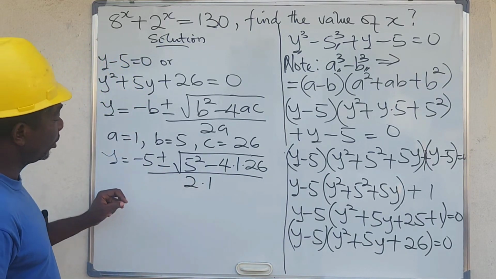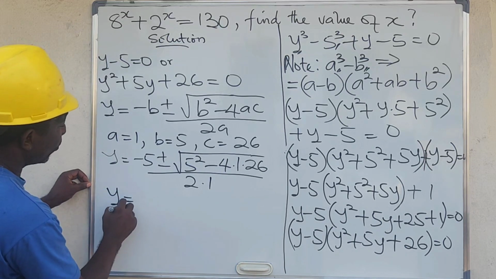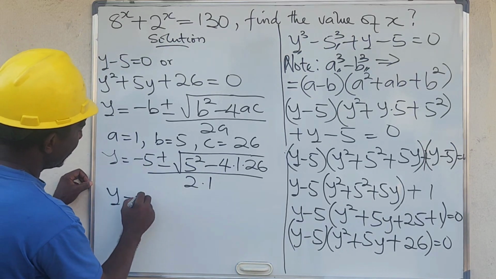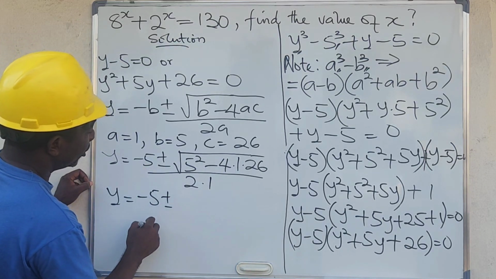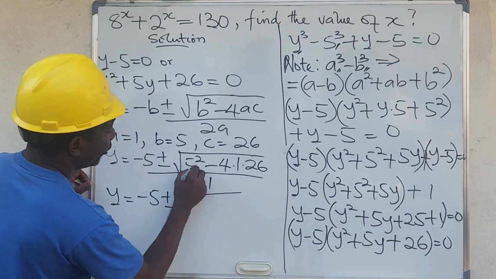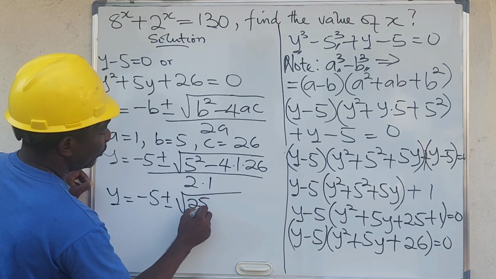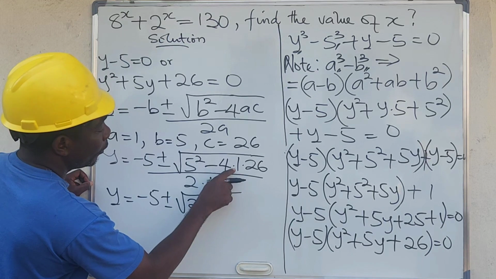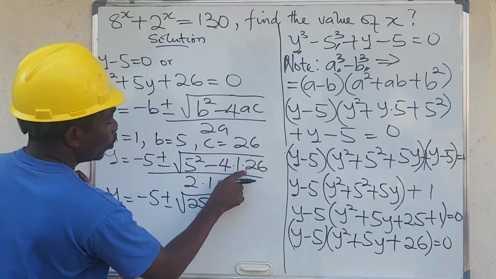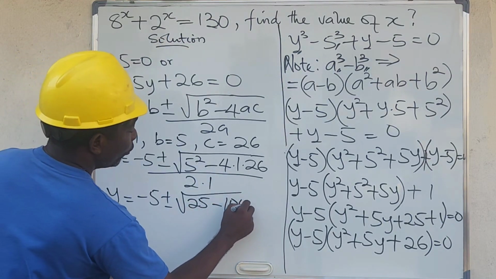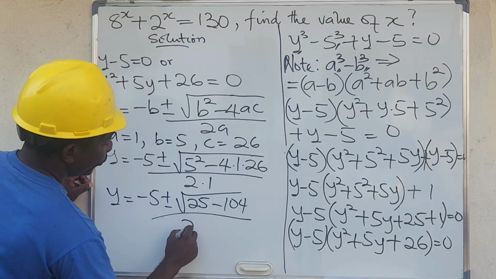Our a is 1. So here y equals minus 5 plus or minus the square root of 5 squared, which is 25, minus 4 times 26, which is 104, all over 2.